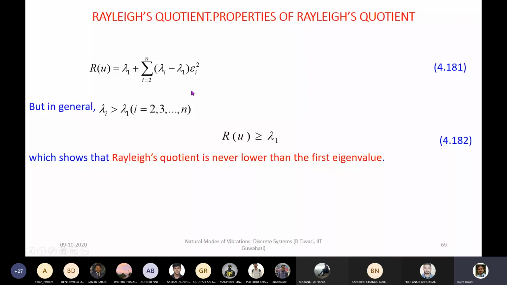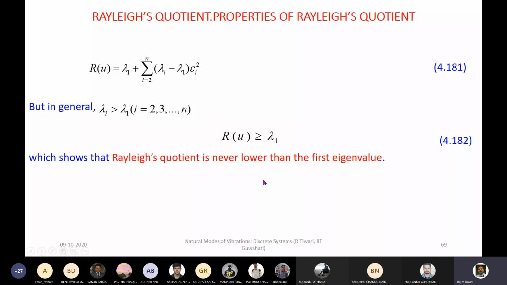So Rayleigh's quotient is never less than the first eigenvalue, because the first eigenvalue is lambda 1, and if there is error, this will add up to that. So that means Rayleigh's quotient will always be more than, or in the extreme case when the eigenvector is exactly the first eigenvector, then this will be equal to lambda 1. So this is giving a bound to the lowest eigenvalue.